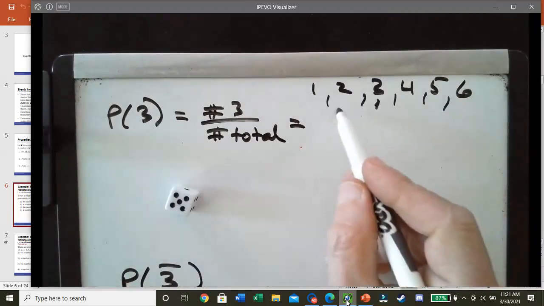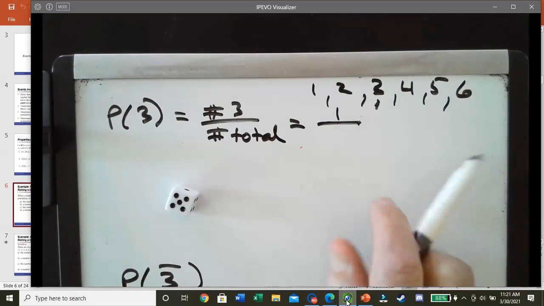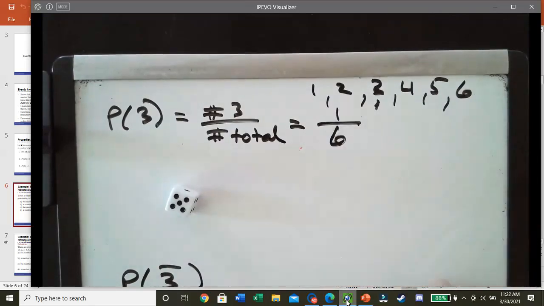So that would be 1 over the total, over 6. So our probability of rolling a 3 is 1 over 6.